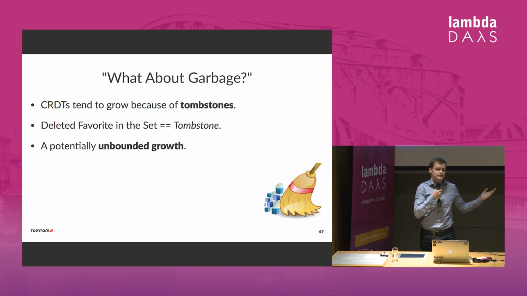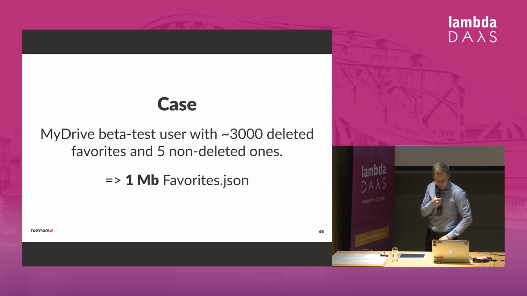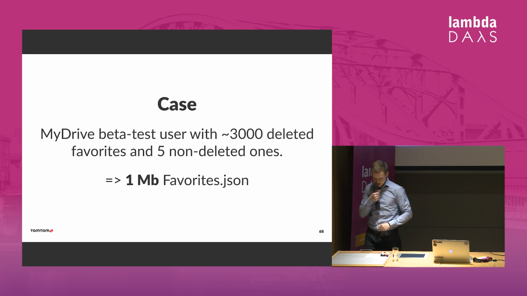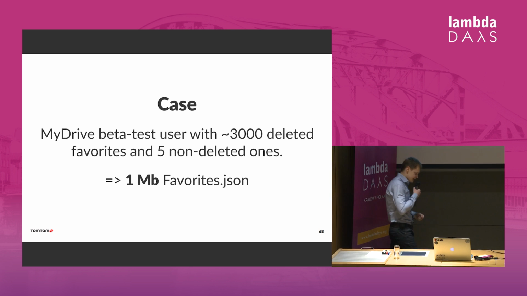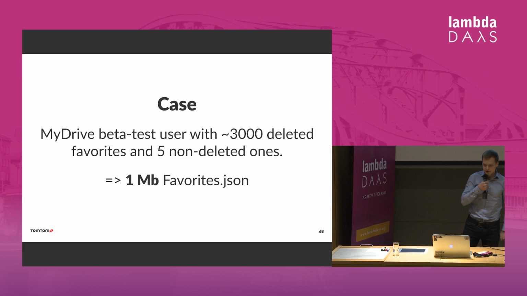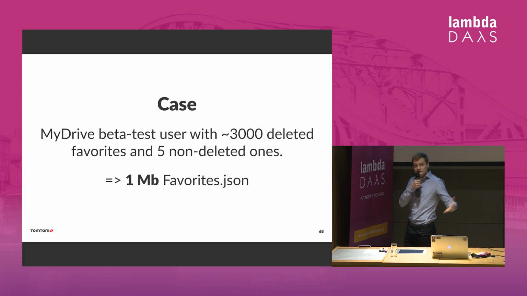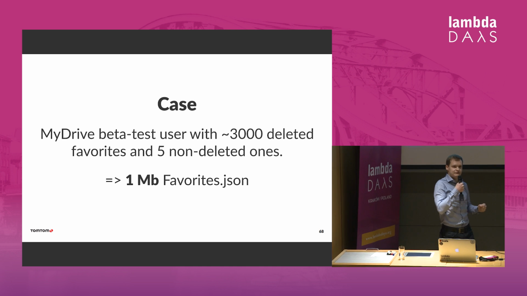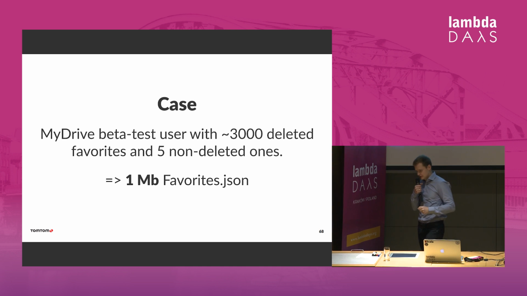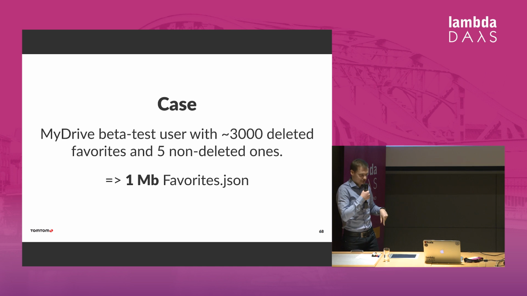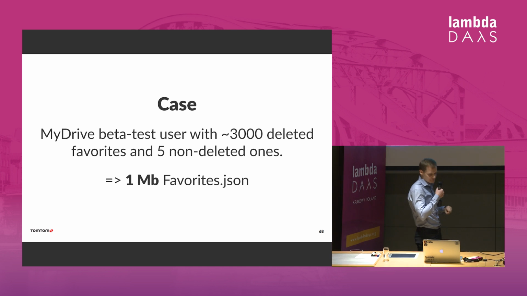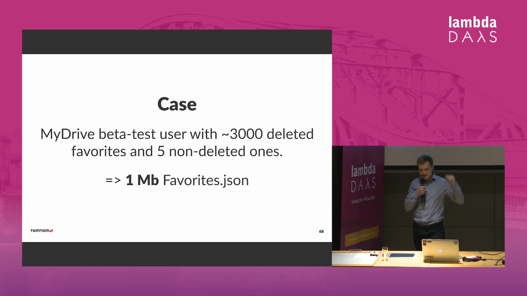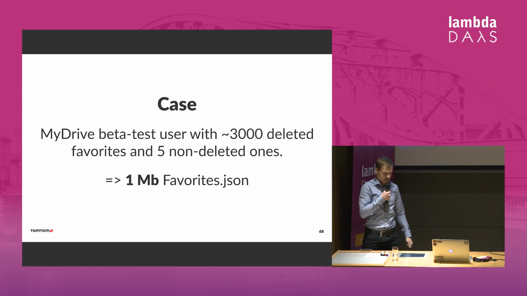And potentially it's unbounded growth. For example, once we rolled out our API, we observed that one of the beta users had only 5 non-deleted favorites. So in the UI, he was seeing just a small piece of information that was synchronizing. But he was actually testing the platform quite hard, and he created like 3,000 deleted elements, which resulted in unzipped JSON of like 1 megabyte. Wow, that's crazy.